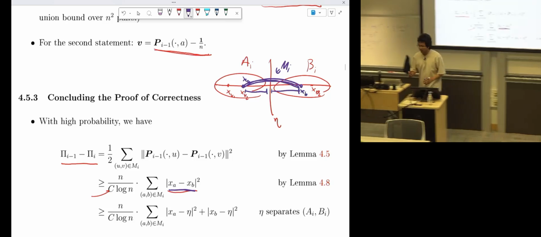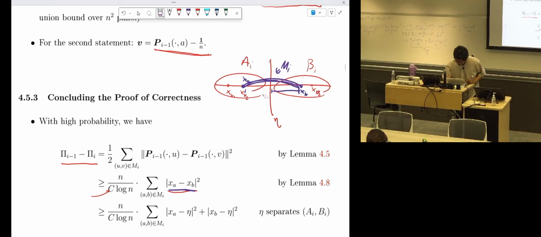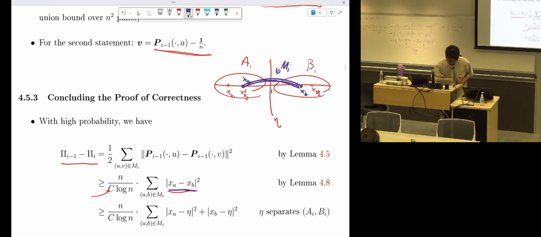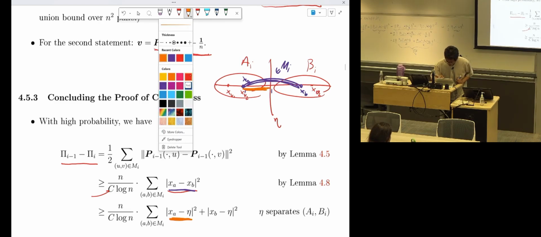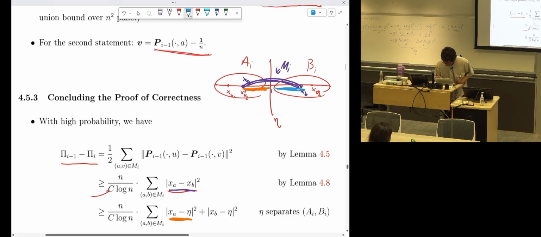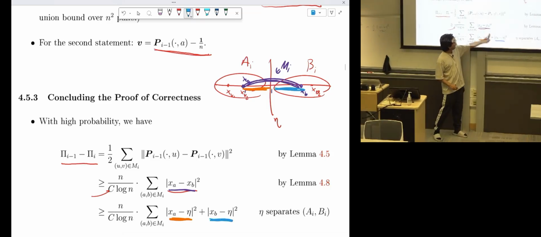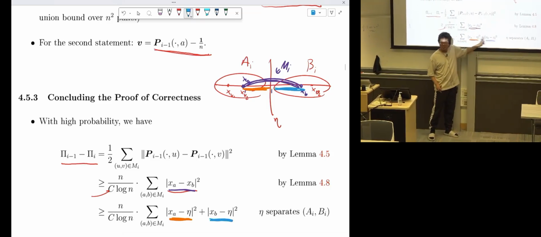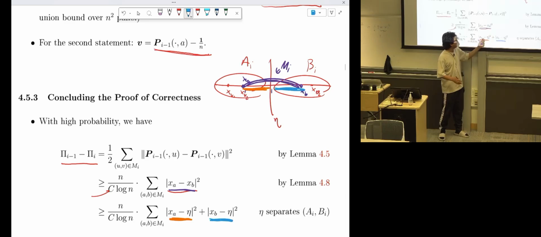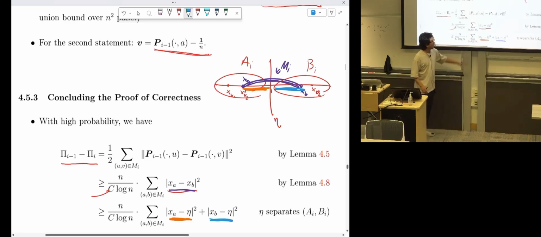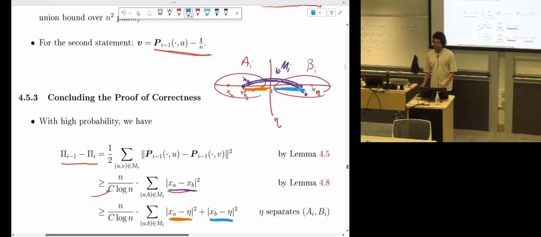Maybe I use color. Without square, this would be equal, but with square now it's strict. So you have this one.